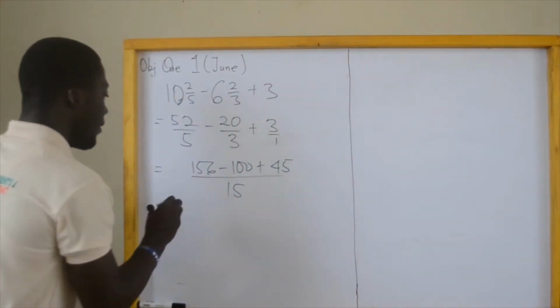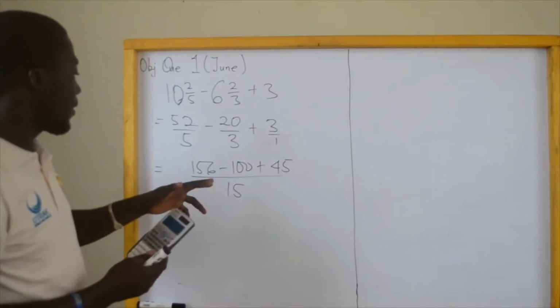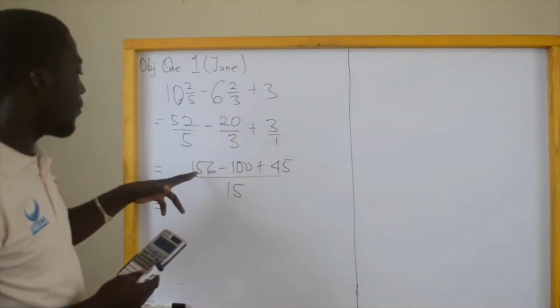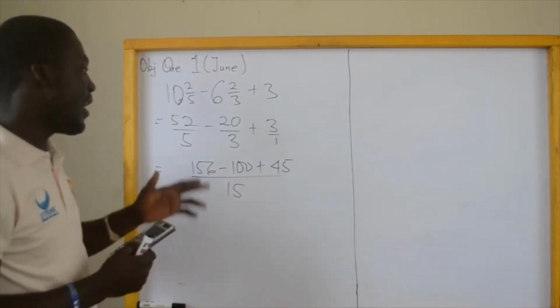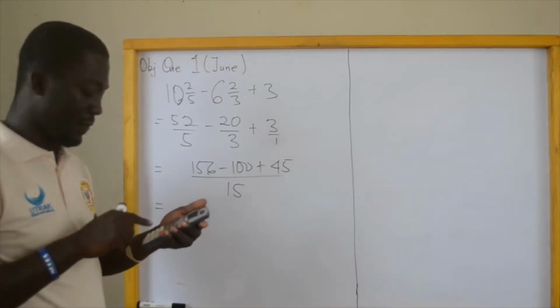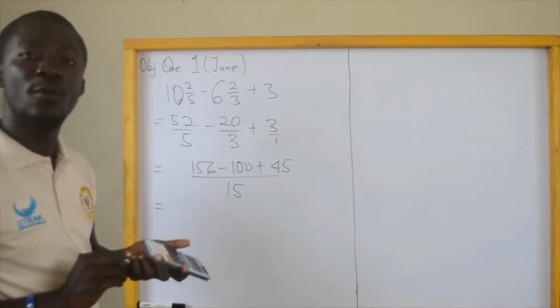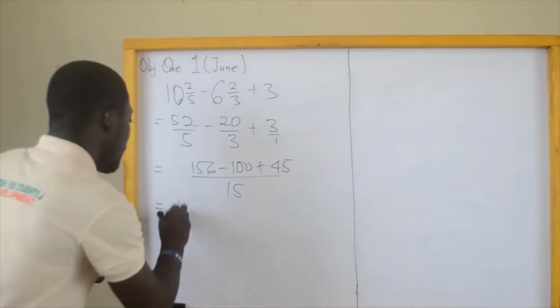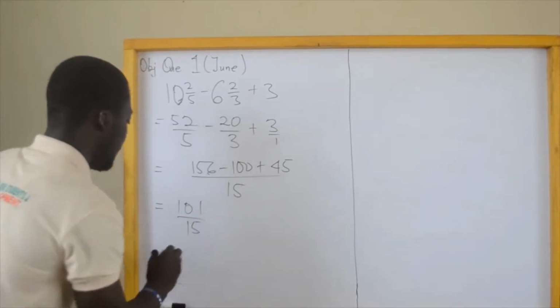So in the long run, when we deduct 100 from 156, we are going to get 56. And 56 plus 45, we are going to get 101. So 101 over 15.